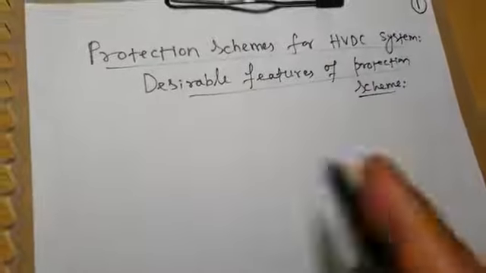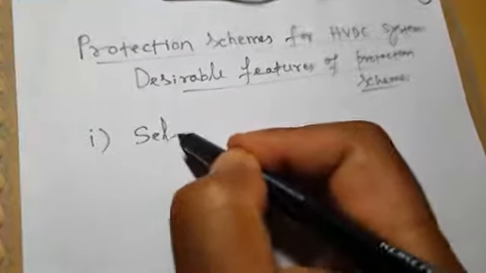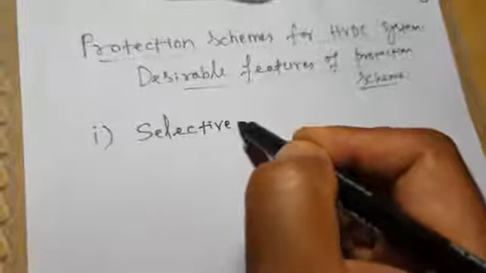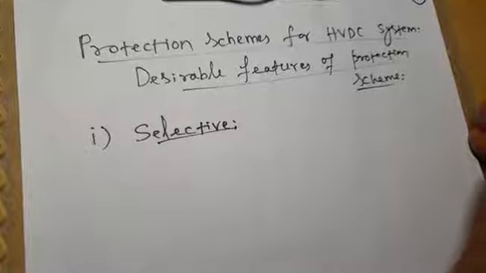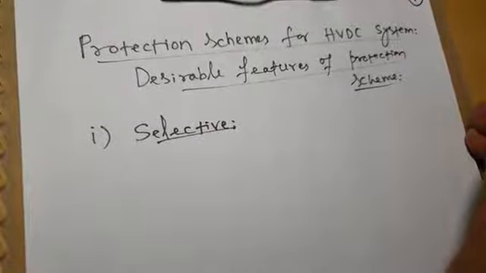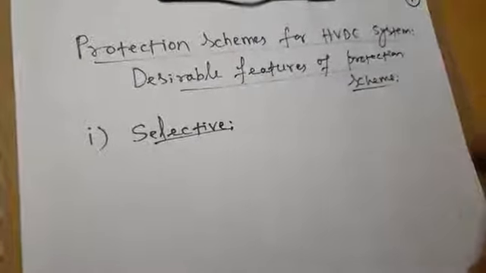What are those desirable features? Number 1, the protection scheme should be selective in nature. Selective means that the protection scheme should operate only for that zone or apparatus for which it is designed. It should not operate for a fault which is outside the zone.